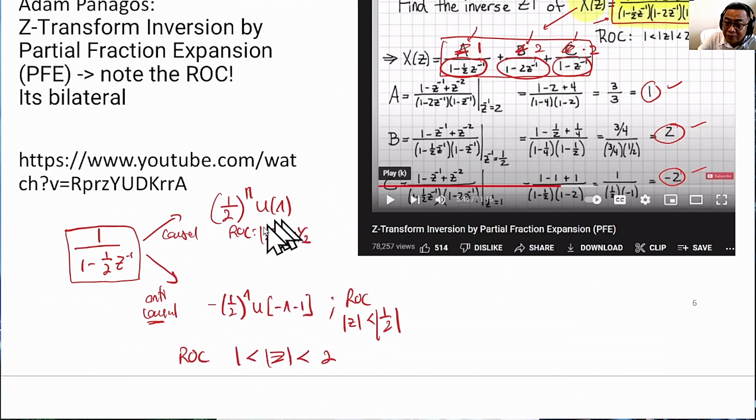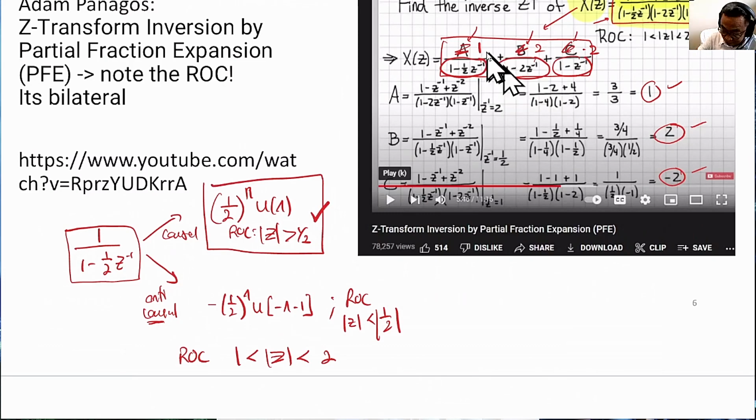If I choose |z| greater than half, then it will still satisfy this constraint, because |z| greater than half, here is |z| greater than 1. So later on you will realize that there's an intersection of these regions of convergence. So I am going to choose for the first expression, 1 over 1 minus half z^-1, to be this signal.